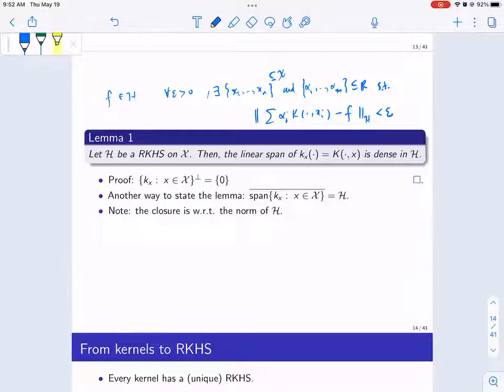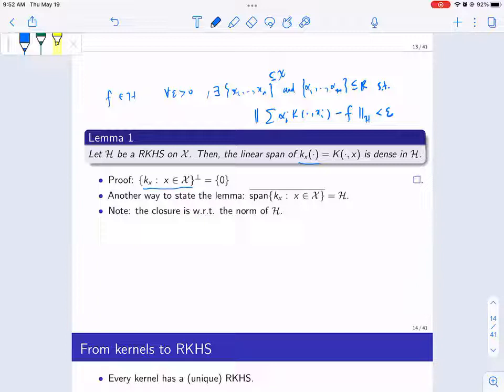So the linear span of this is not a finite dimensional set. So the first thing to note in the proof is that the orthogonal complement of this is equal to the 0 function, the trivial subspace, and this proves it because we showed, or argued, that in a Hilbert space, a subset is dense if and only if the orthogonal complement is the trivial subspace.